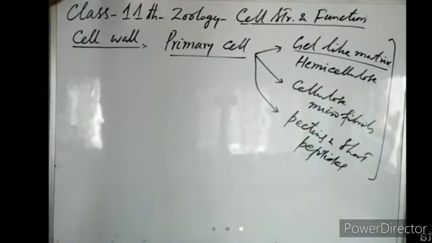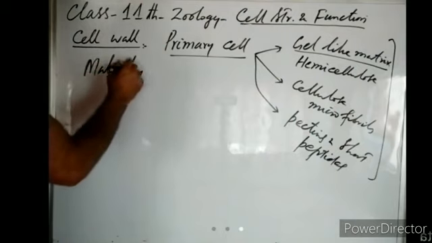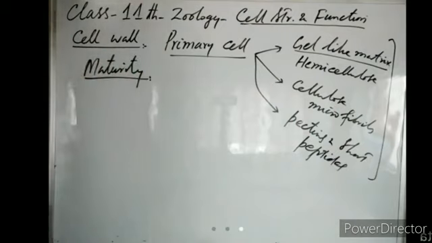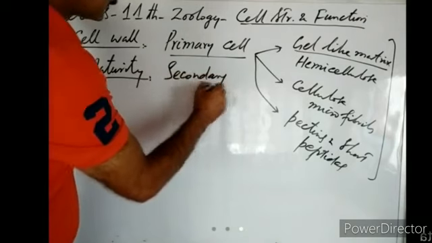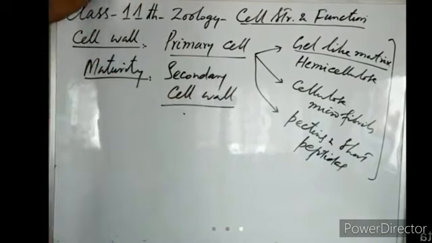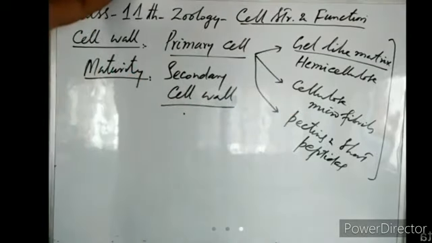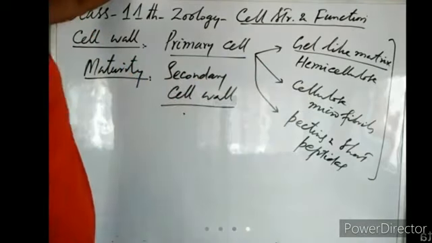Now, as the cell reaches maturity, as the cell grows older, a secondary cell wall is formed. This secondary cell wall again has the same constituents: hemicellulose and cellulose microfibrils.